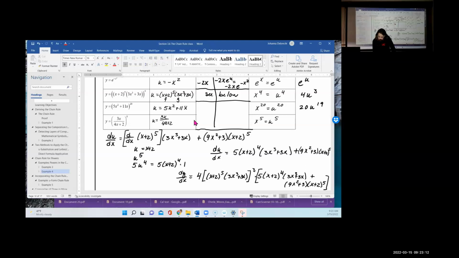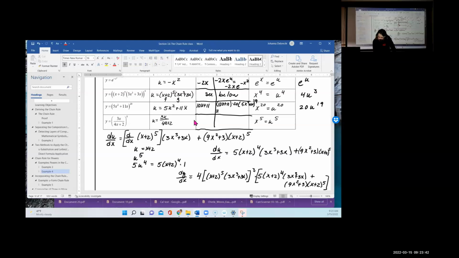And let's take the derivative of the inside function. The derivative of our inside function is going to be 10x plus 11. So we end up with 10x plus 11 in parentheses times 20 times 5x squared plus 11x raised to the 19th power.